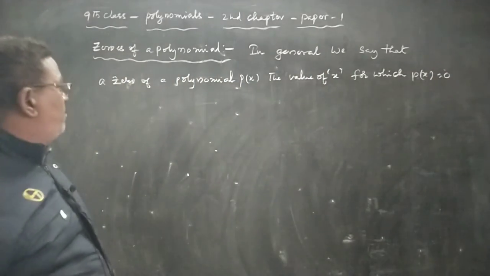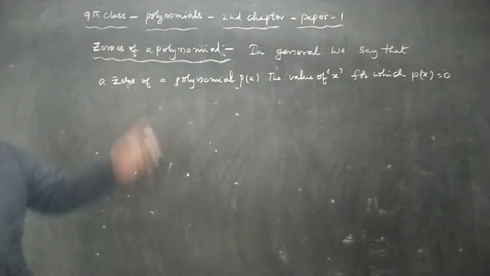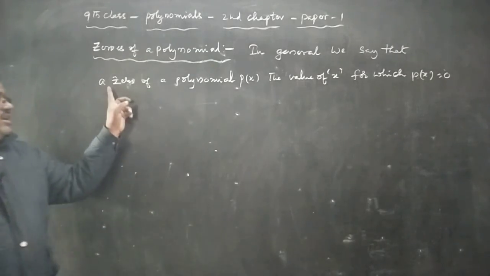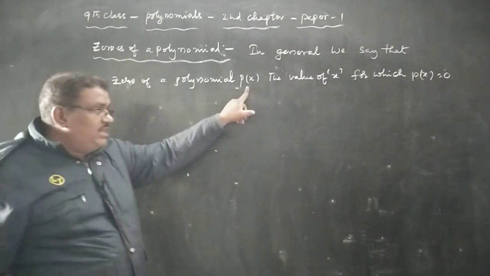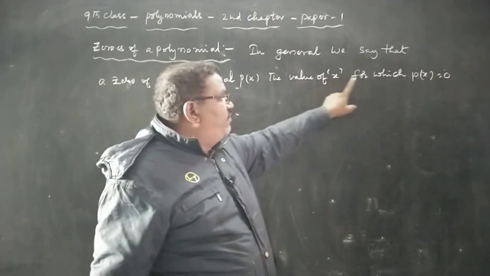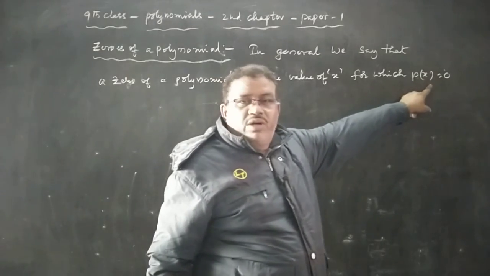This is the definition of zeros of a polynomial. In general, we say that a zero of a polynomial P of x is the value of x for which P of x value equal to 0.